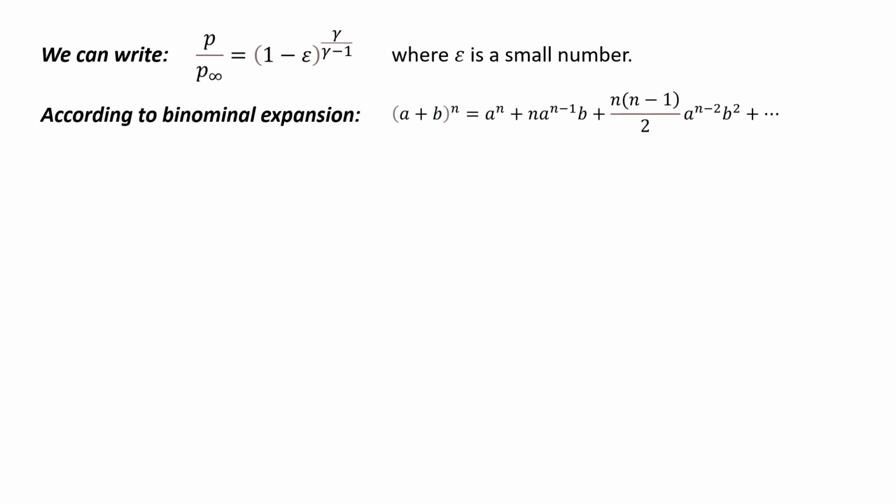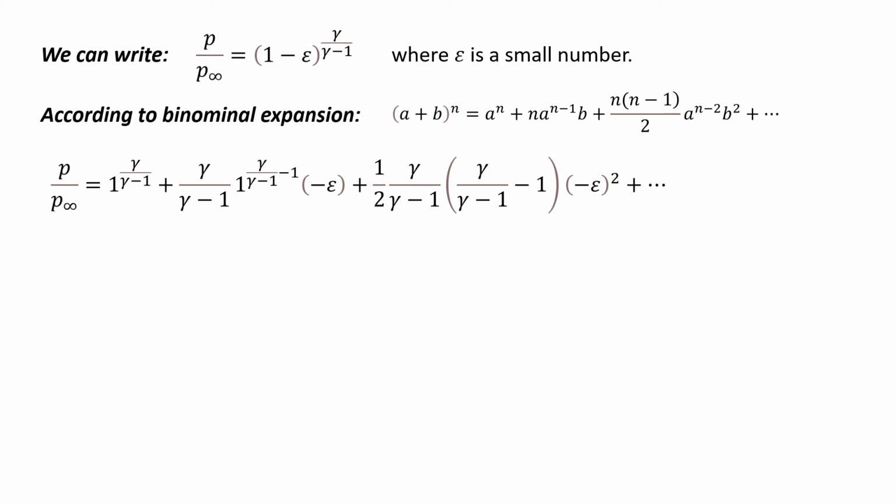Okay, so now we are applying the binomial expansion. If it's a plus b to the power of n, then on the right hand side this relation can be expanded like this. And similarly, we can apply the binomial expansion towards the pressure ratio. So it is done this way.